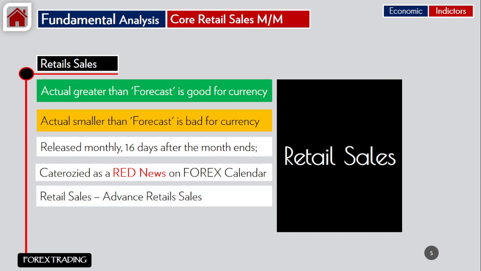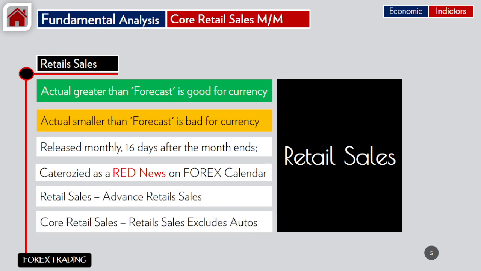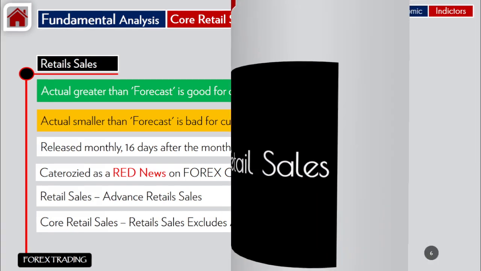We also call retail sales advanced retail sales, and we have core retail sales and then retail sales. In retail sales, we exclude automobile sales, as I mentioned in the previous slide.